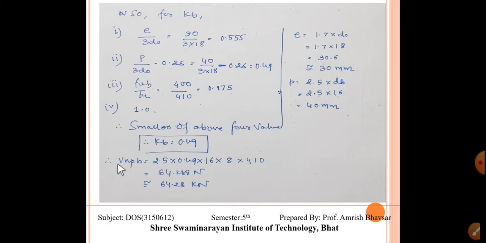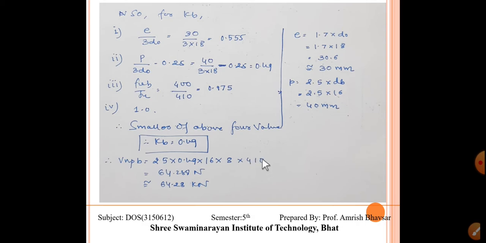Now the equation of Vnpb is equal to 2.5 into Kb. Kb is 0.49, into d, where d is the diameter of the bolt, that is 16 mm, into t. t is the thickness of the plate, and we have the value for this gusset plate, that is 8, into fu, 410.